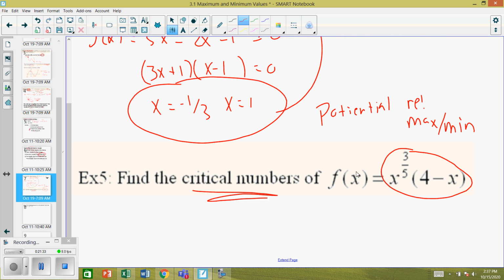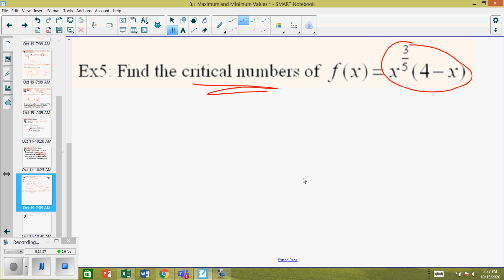All right, well, this one's going to be fun. Let's try this one out real fast. So it looks like it's going to be product rule. So f prime of x equals, the derivative of the first, which the more I look at this, I think it's going to be a lot easier for us if we distribute the value first. Let's say 4x to the 3/5.